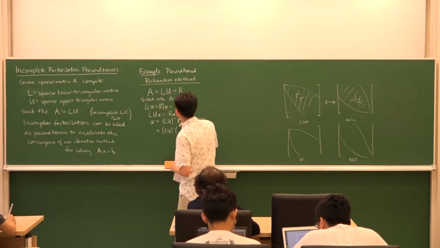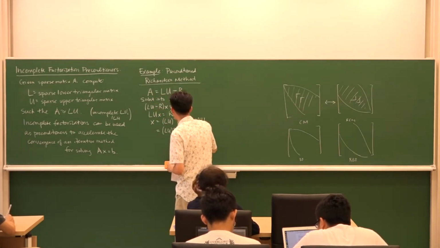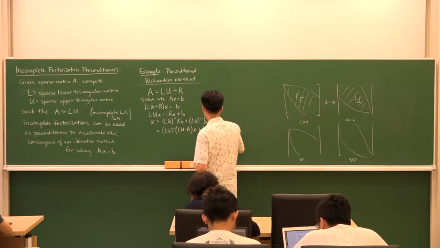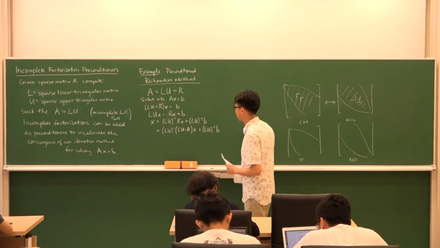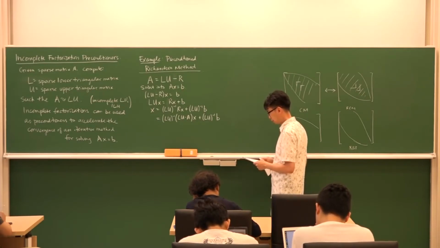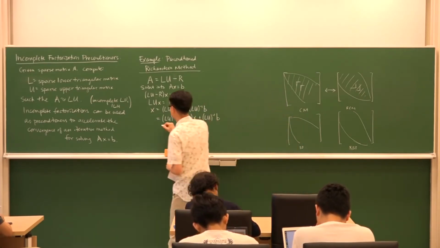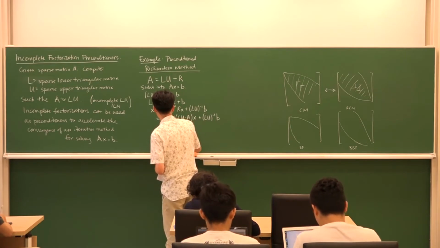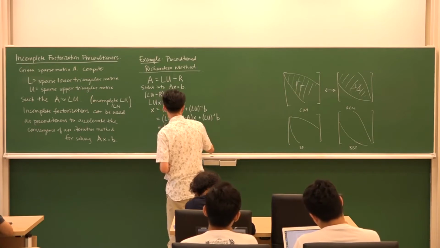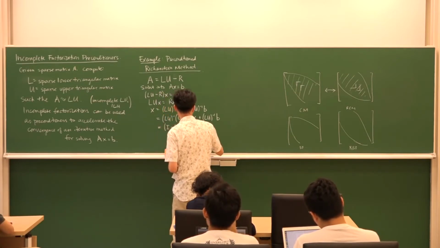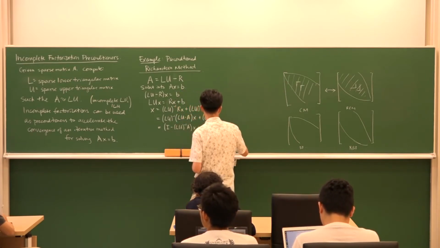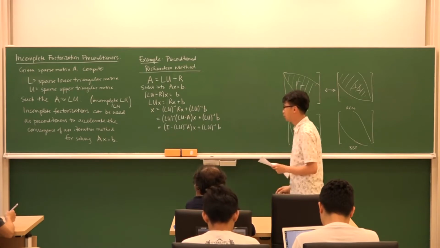So R is equal to LU minus A. And we can simplify this. I'm being very detailed and showing all of the steps.